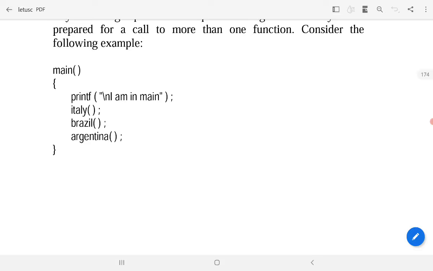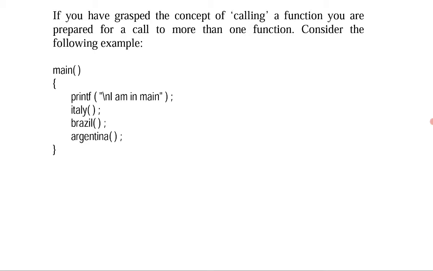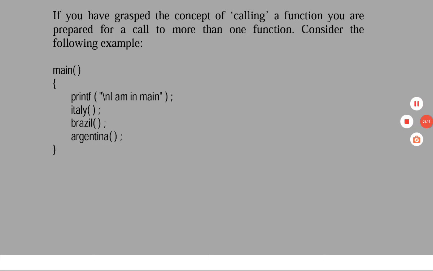So again, in C language, two types of functions are used. First one is user defined functions and second is system defined functions. Generally, in any language, functions are basically two types.